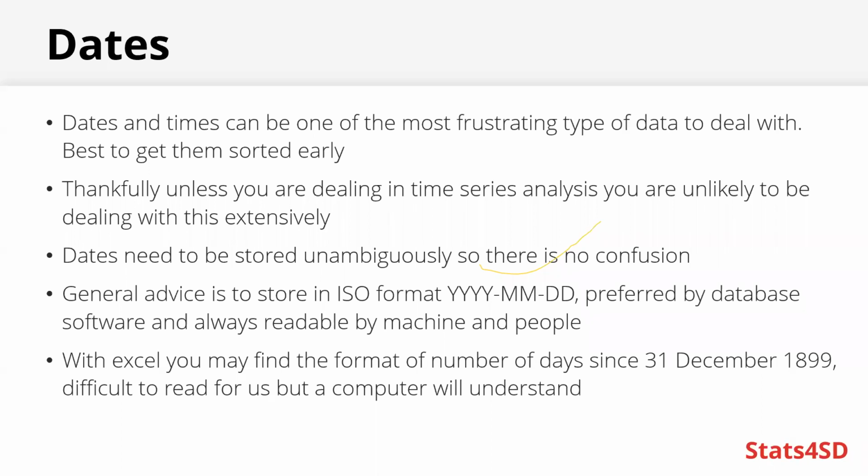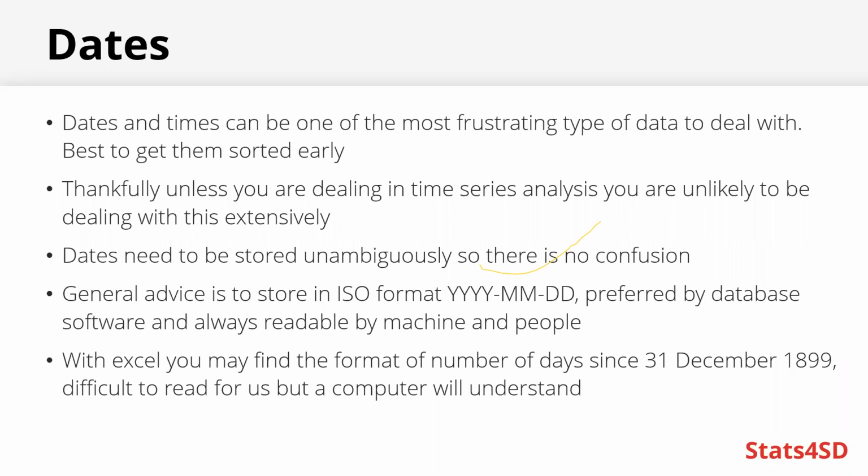The general advice is to store in what's known as ISO format. As you'll see here, you have a year, then a dash, then the month with 2 digits. So if it's February, it'll be 02, March 03, and then the day of the month.